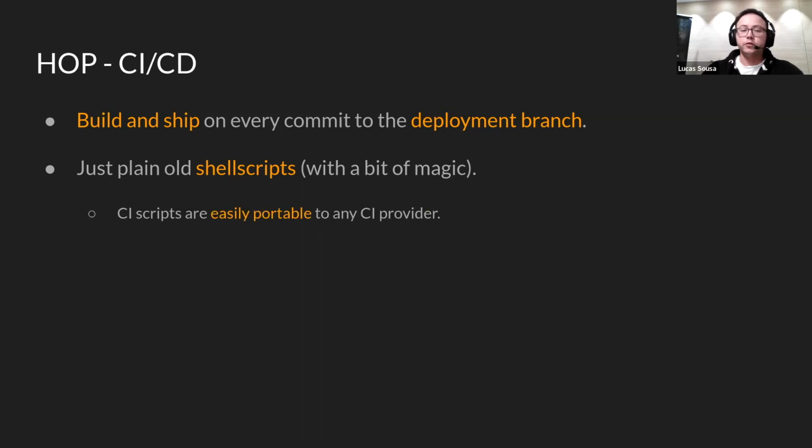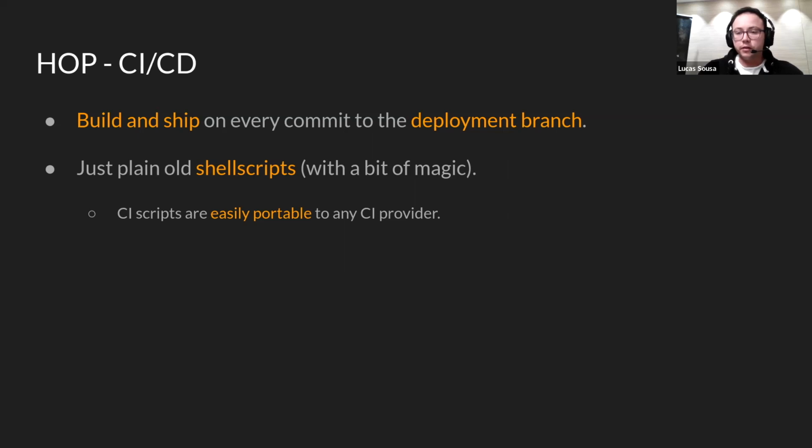For example, the CI scripts are easily portable because they are very generic. They just do basic things, such as running the tests, checking the format, and checking and passing the linter. And these things are also done inside Docker.